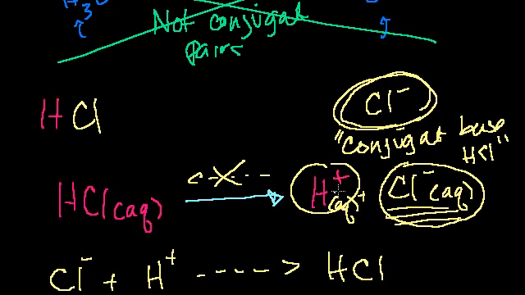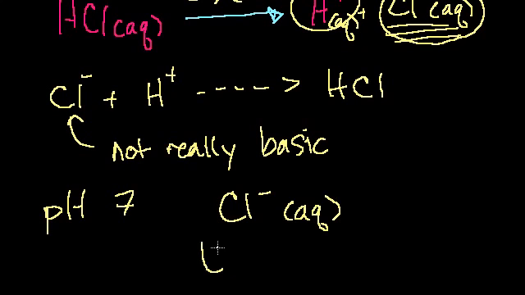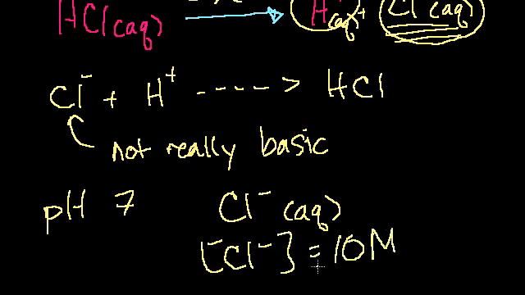It doesn't want to take or give anything to the water. The pH would be 7. If you have chlorine minus in an aqueous solution, I don't care what its concentration is, you could have 10 molar of it, the pH is still going to be 7. It's not going to change the pH, just this by itself.